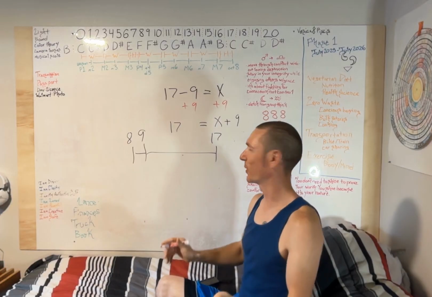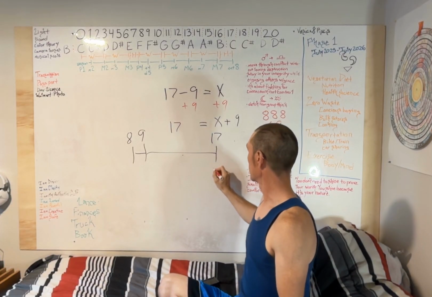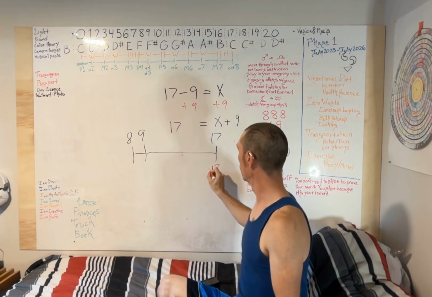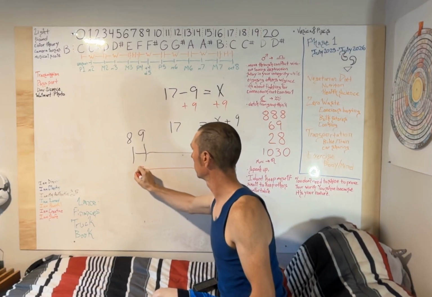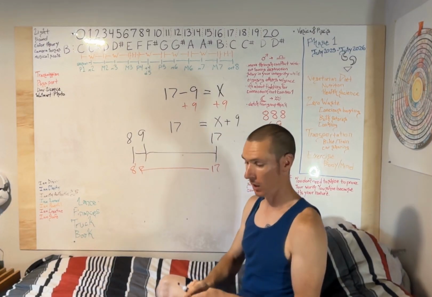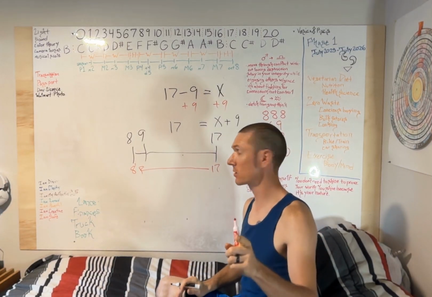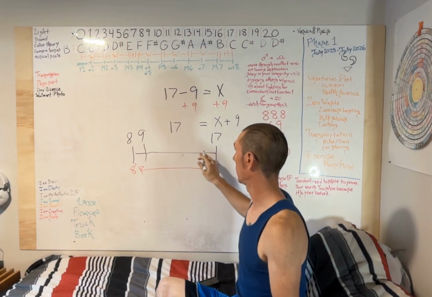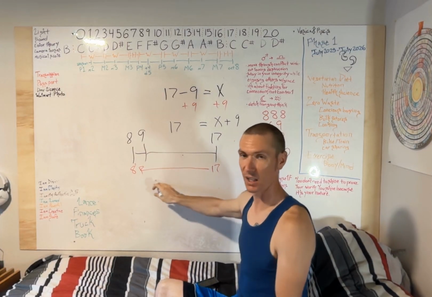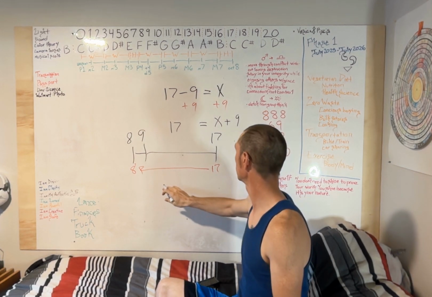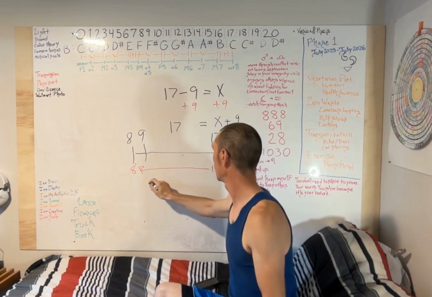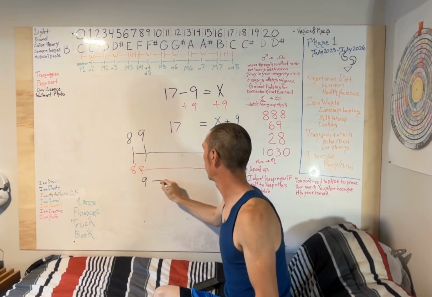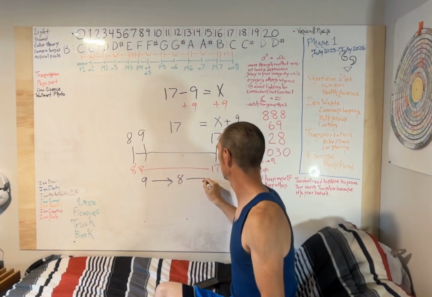So here's the weird part, because 17 minus 9 is 8. But the difference between 17 and 9 is 8, right? 9 plus 8 is 17.